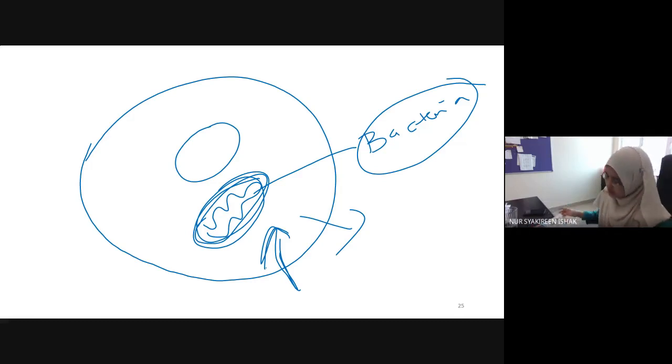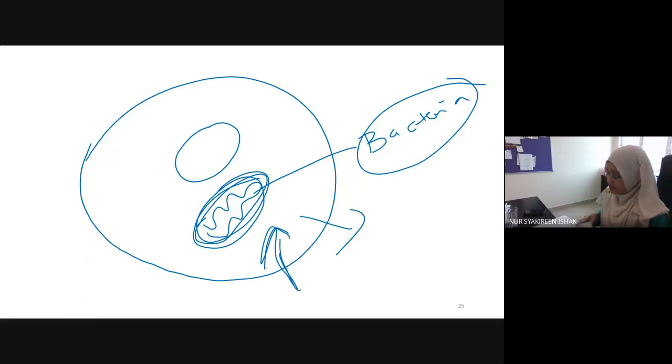Nanti Google lah cari, ada endosymbiotic theory. So asalnya dia adalah prokaryotic cells masuk dalam eukaryotic cells. So dia itulah terjadinya eukaryotic cell. Itu teori lah. Itu evolution lah kan.